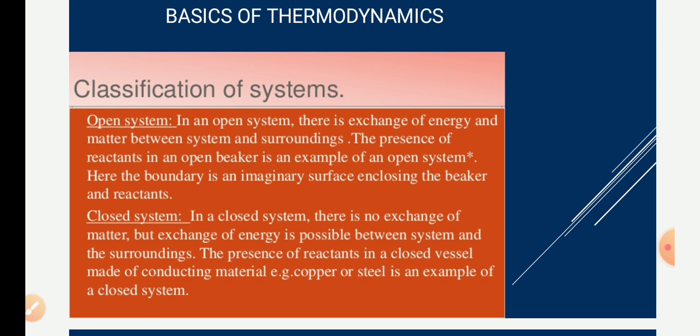Next, closed system. In a closed system, only exchange of energy takes place, not matter. Such types of systems are called closed systems. An example of a closed system would be putting an ice pack on an injury.